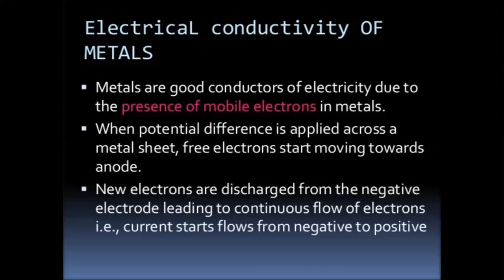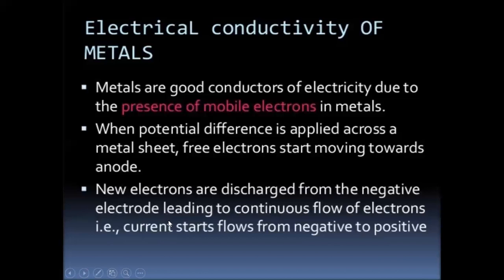Metals are good conductors of electricity due to the presence of mobile electrons in the metals. When a potential difference is applied across the metal sheet, free electrons start moving towards the anode, and new electrons are discharged from the negative electrode.